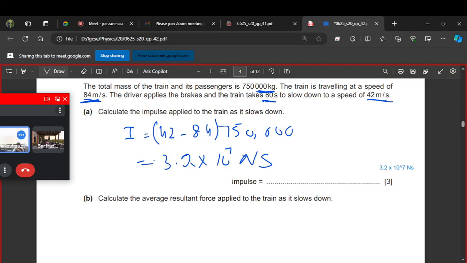You can solve it this way, but you can use the above question. Why are you not using the second form of Newton's second law, which is F equal to change in momentum per unit time? Here you have calculated impulse, so you will divide it by time.